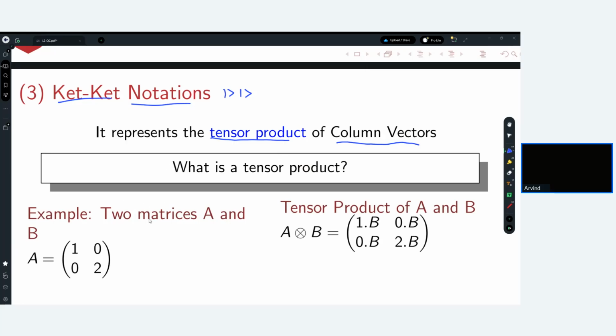Here I am going to explain what is meant by tensor product. Tensor product is an operation that is usually performed on matrices.